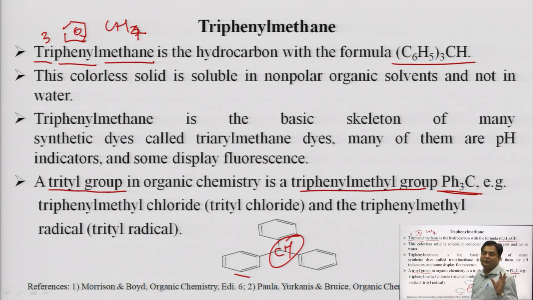Because of the benzene ring, electrophilic substitution reaction will be preferred, except that this hydrogen can be easily removed from that carbon in different mediums. As a result we get the carbanion. So, a slightly acidic hydrogen is there in triphenyl methane, and the second type of reaction is given by that bridge carbon.